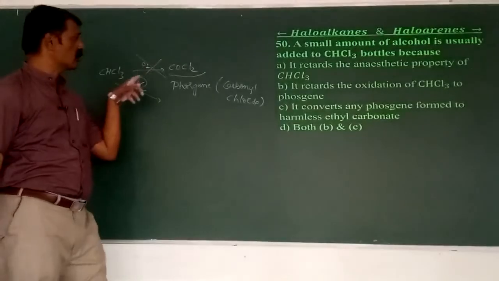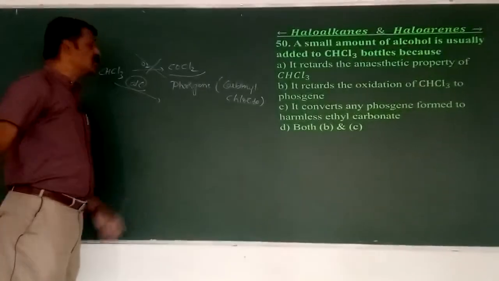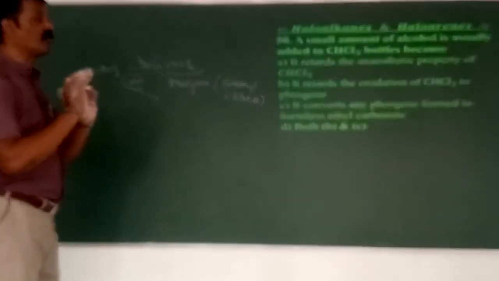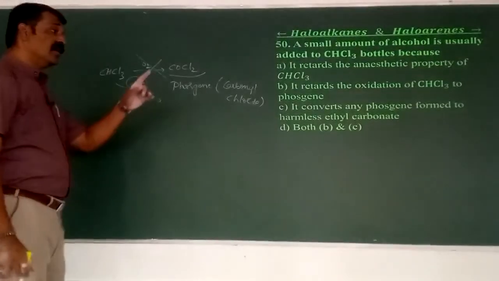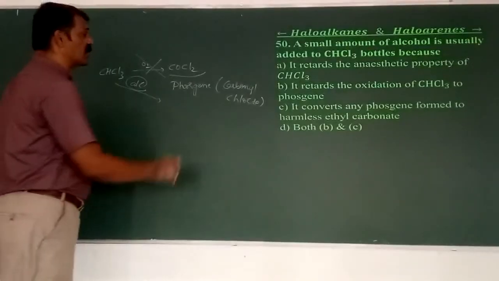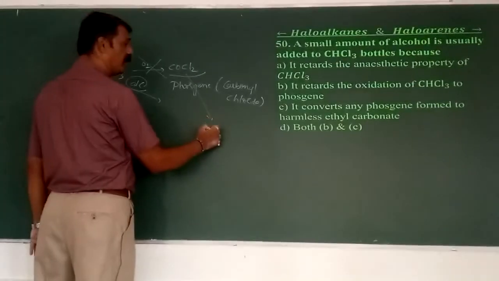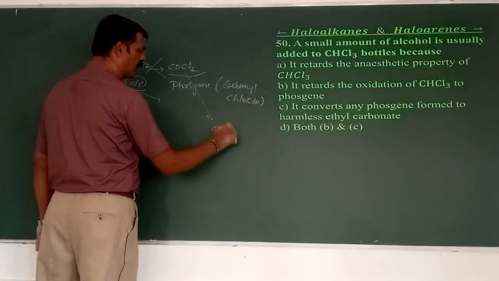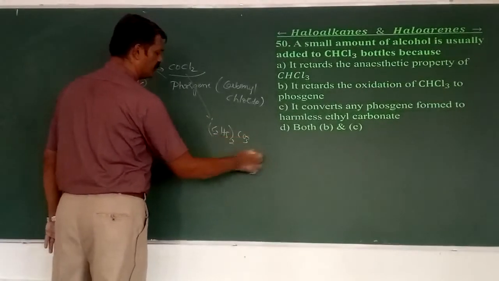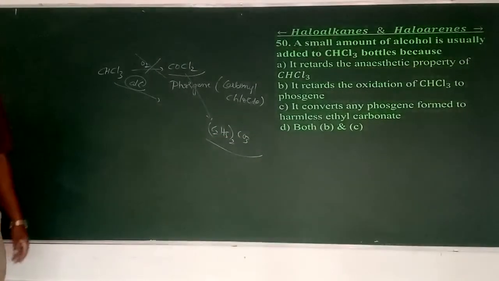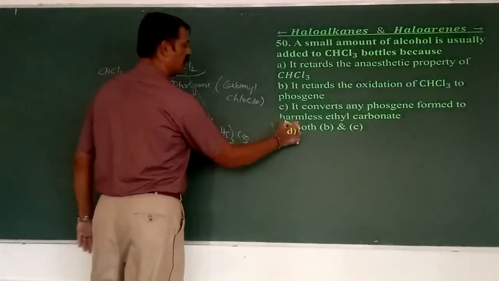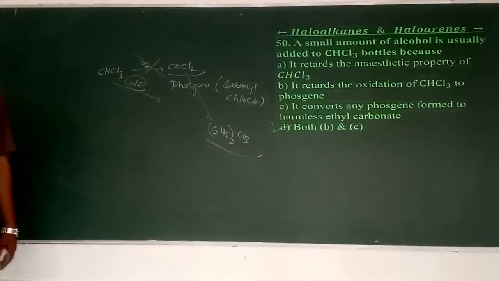First, it retards the oxidation process. Alcohol prevents the oxidation of chloroform to phosgene. In addition to that, it converts any phosgene that has been formed into ethyl carbonate, C2H5OCOOC2H5. That is why both B and C.